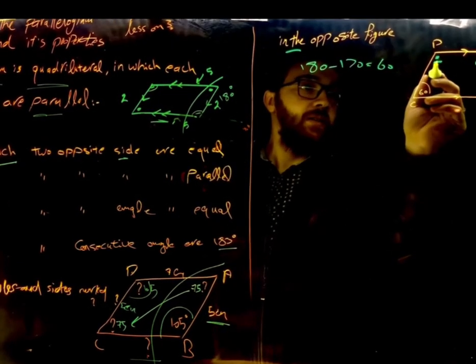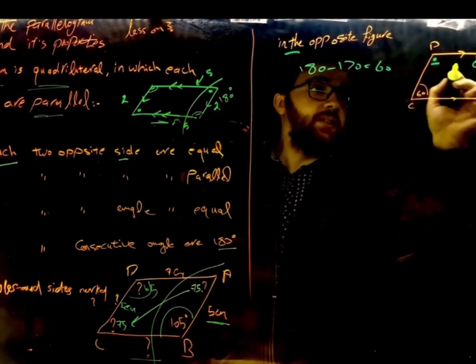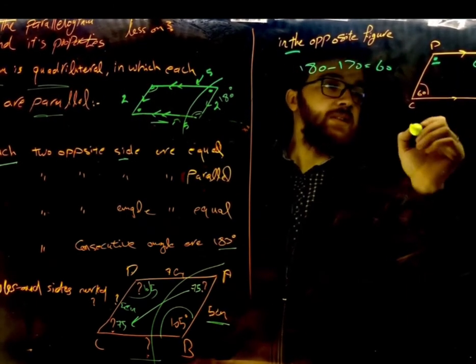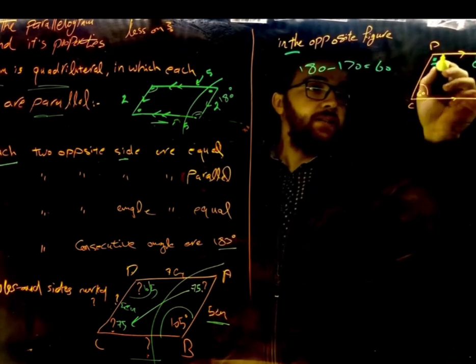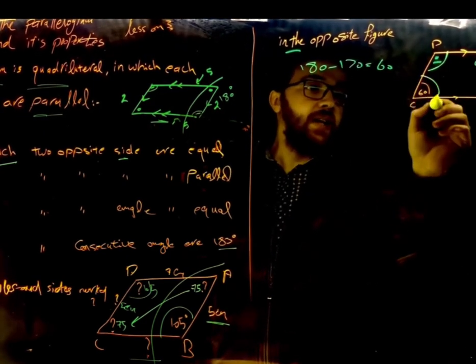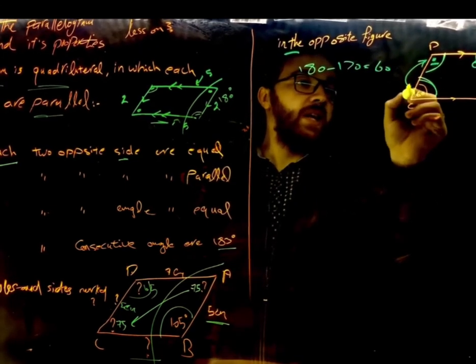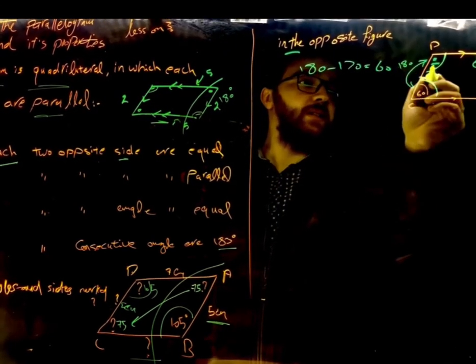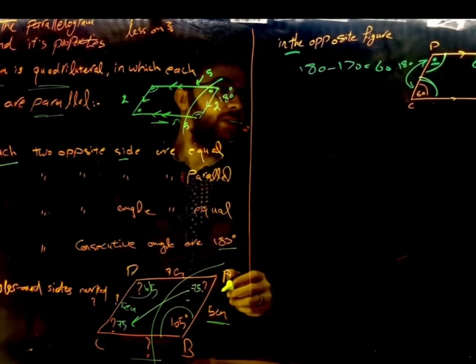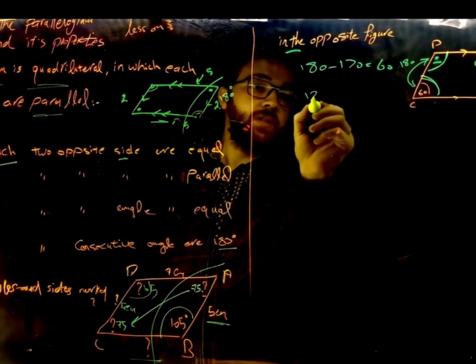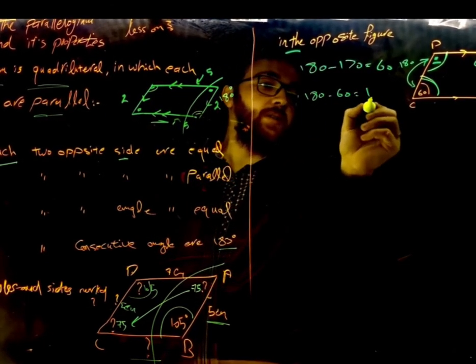Because AD is parallel to DC, this angle and this angle are corresponding, and their summation equals 180, then angle D equals 180 minus 60, which equals 120.